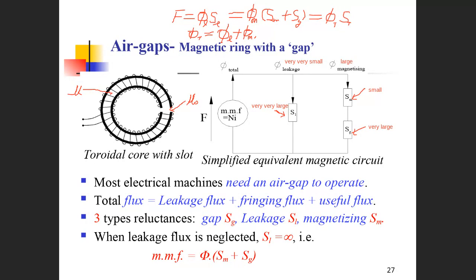Someone can still remember, but someone still needs me to write it down: the parallel of the leakage reluctance with these two branches, Sm plus Sg, over, because they are in parallel, you know how to get the parallel.